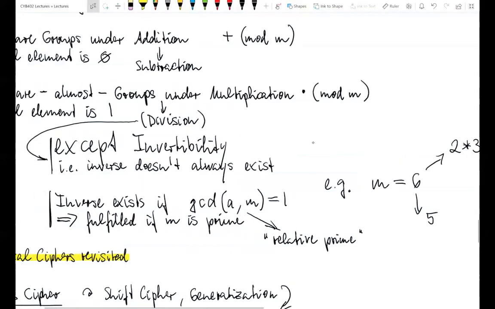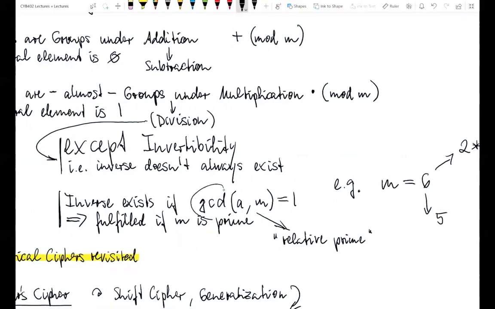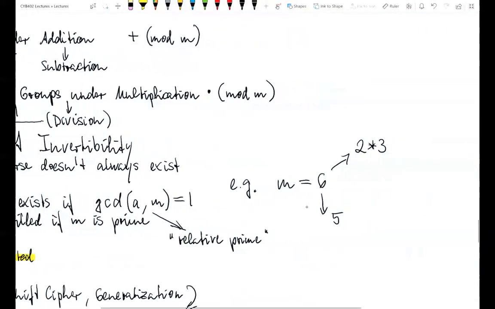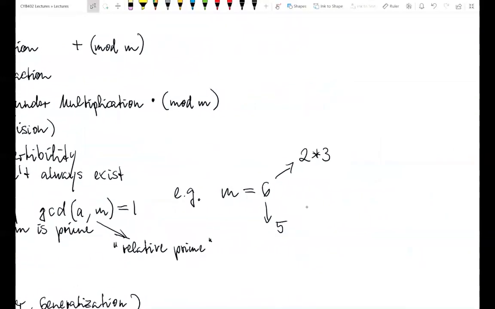So the greatest common divisor, that is what needs to be 1 for any element that has an inverse. So obviously, when we look through the elements from 0 up to 5, the only element that has a greatest common divisor of 1 is 5.